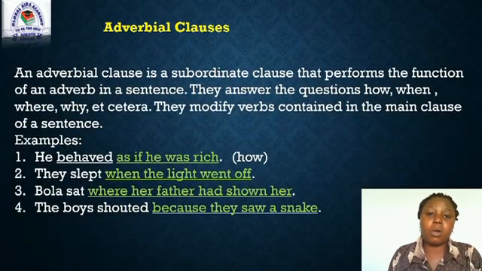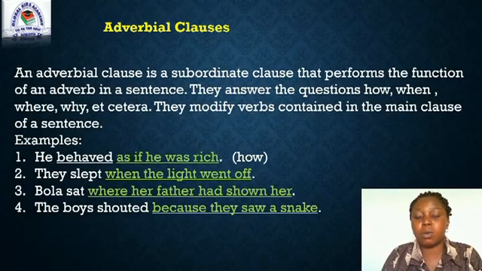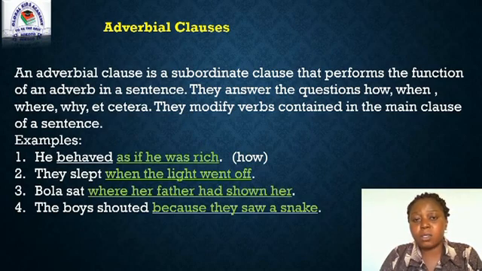So, why do we call an expression or a clause an adverbial clause? It is because it performs the same function as an adverb. It is also possible that this adverbial clause does not contain any single word that falls within the category of adverbs. What do we mean by that? The words that form the adverbial clause could belong to other parts of speech except the adverb.